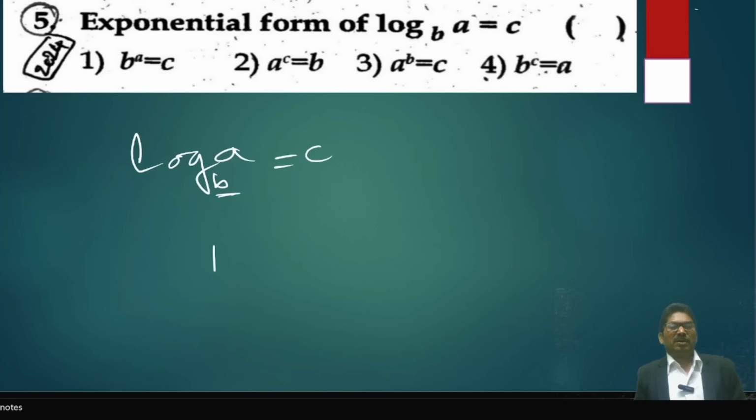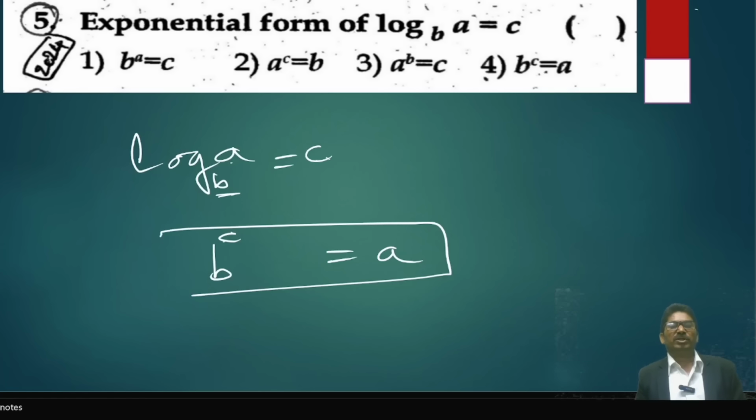The base is written as base, and the value on the right side is in the exponent. So this is the exponential form: b power c is equal to a. Option 4 is the correct.